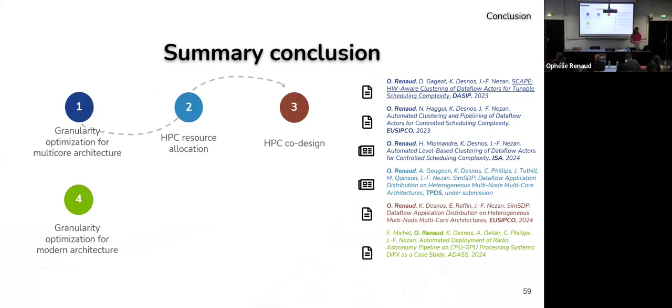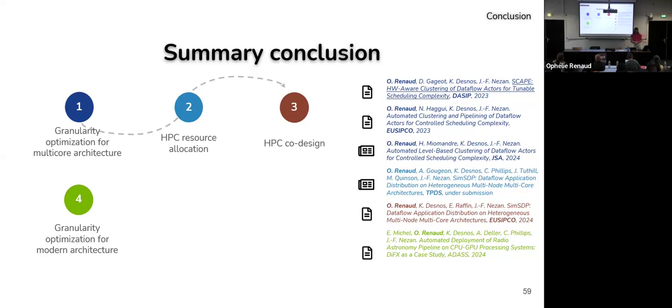The first three methods are grouped into a single contribution and focus on optimizing resource allocation within a single-node target architecture. The second contribution is a clustering method that optimizes resource allocation on multi-node target architectures.